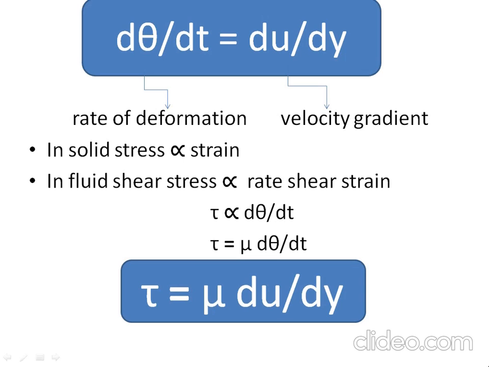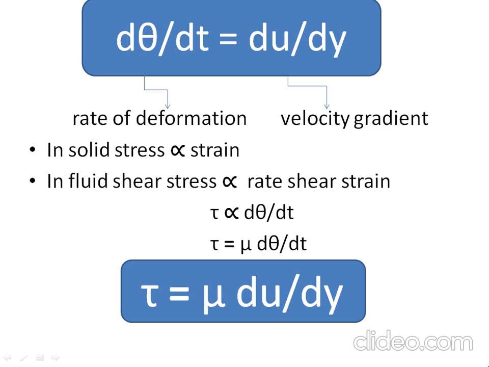In solid, we can say stress is proportional to strain, but in case of fluid, shear stress is proportional to rate of shear strain. So tau is directly proportional to d theta by dt. So tau is equal to mu d theta by dt, so tau is equal to mu du by dy.